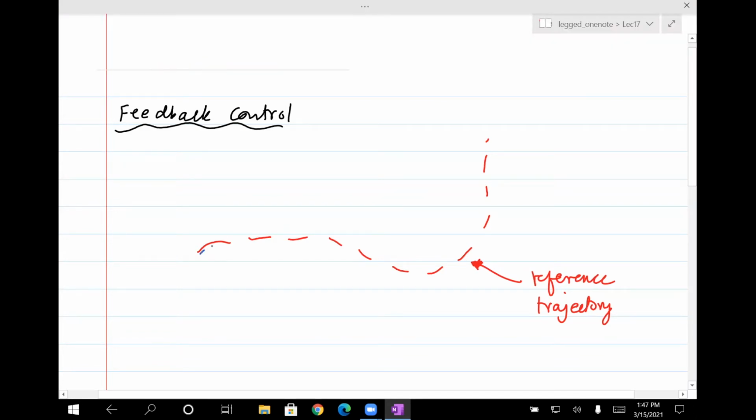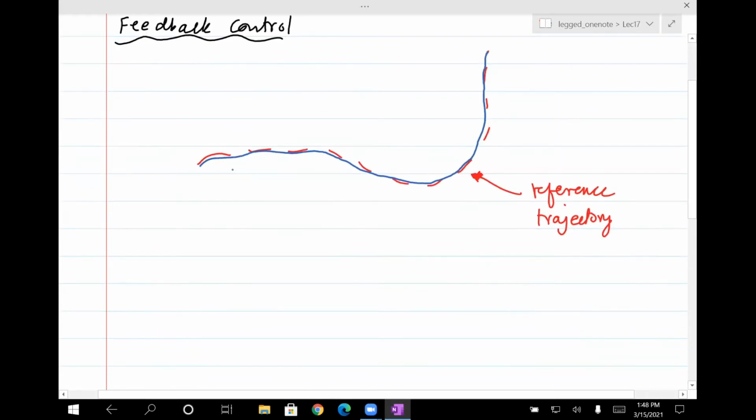And then our controller is probably going to have some error, or it's going to do a great job. So what makes this tracking hard is that there is, so this is the tracked reference. So the challenges here are sensor noise.